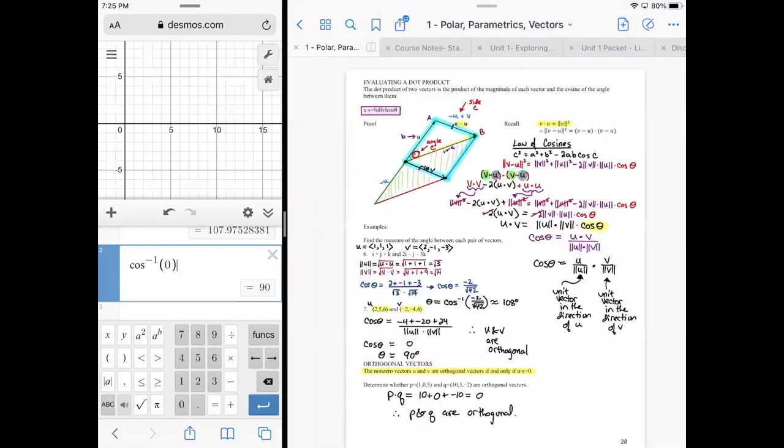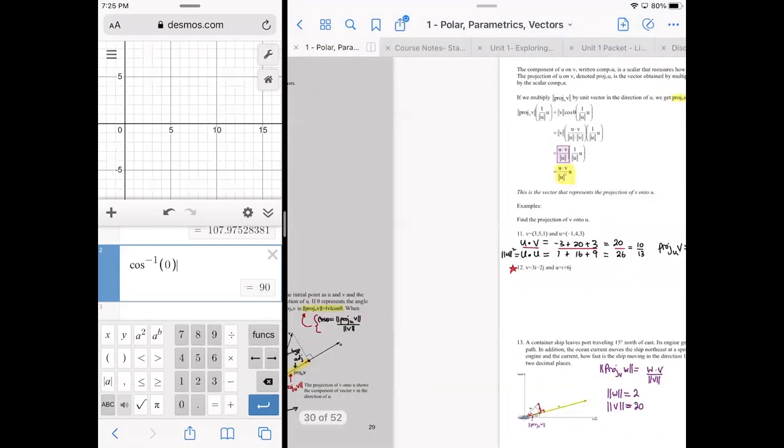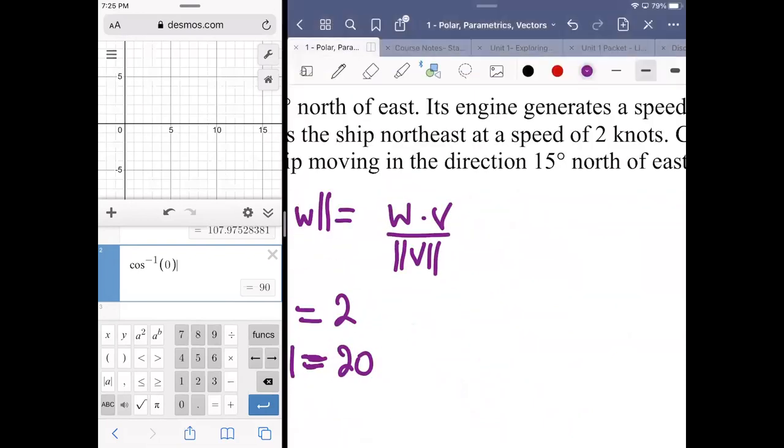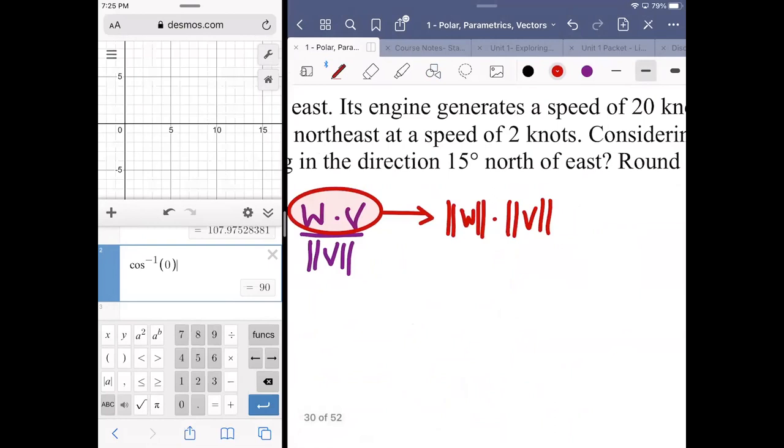So this guy over here, we're going to look at this as the magnitude of W times the magnitude of V times the cosine in between them. I'll just leave it as theta for now.